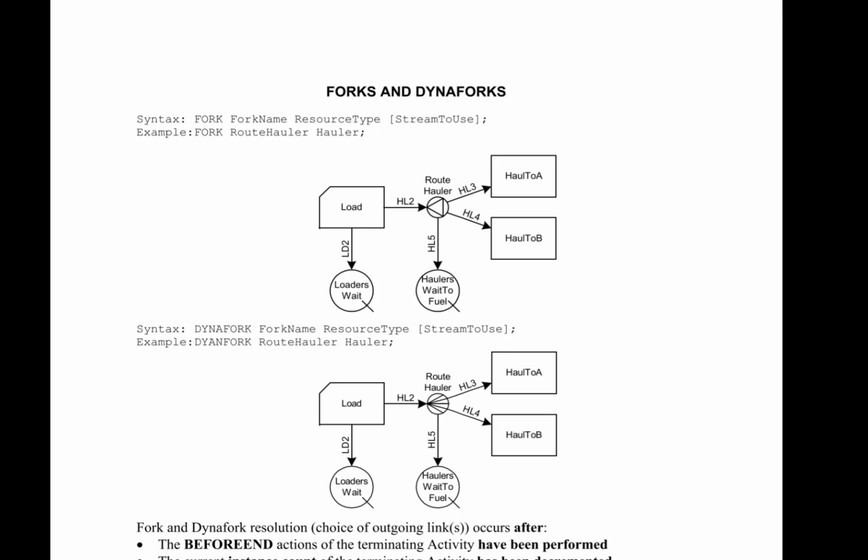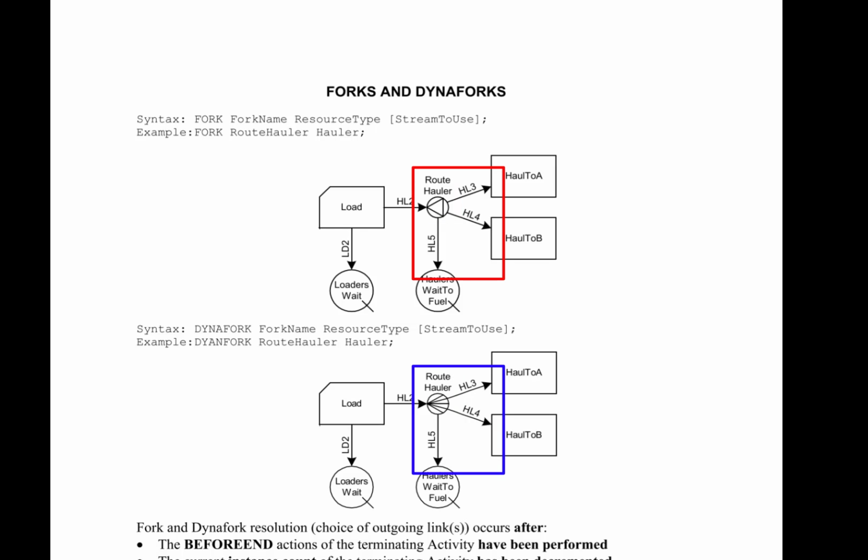Notice that the obvious difference between a fork and a Dynafork is the shape of the node that is used. A fork node is shown as a circle with a triangle inside, whereas a Dynafork is shown as a circle with a burst of rays.